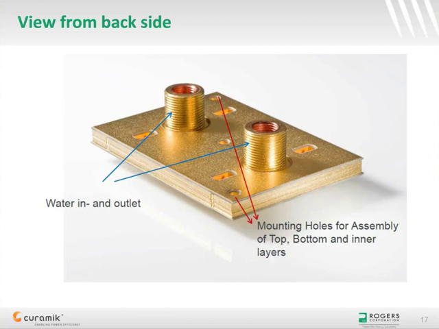In this picture, you can see an example of microchannel cooler. Here is a view from the backside. Two mounting holes have been used for the assembly of the top, bottom and inner layers. And here you can also see two fittings for water in and outlet.